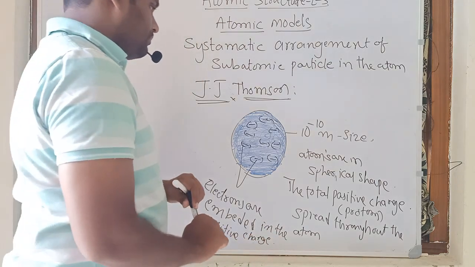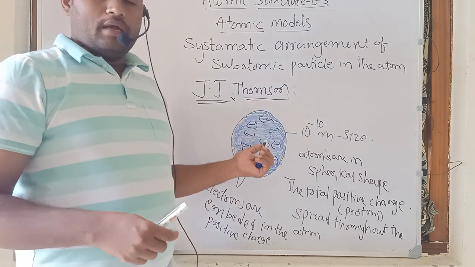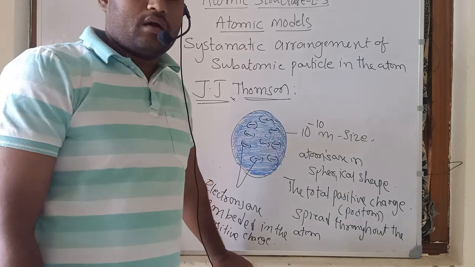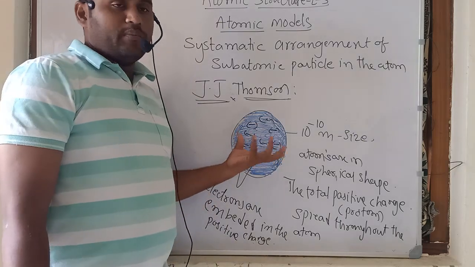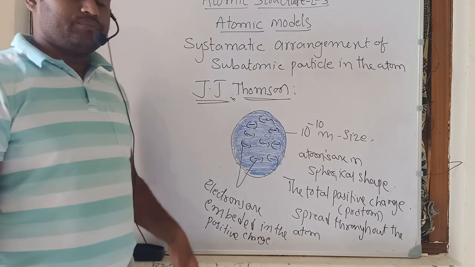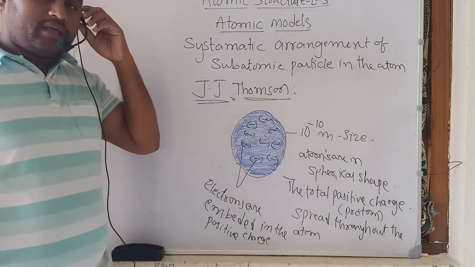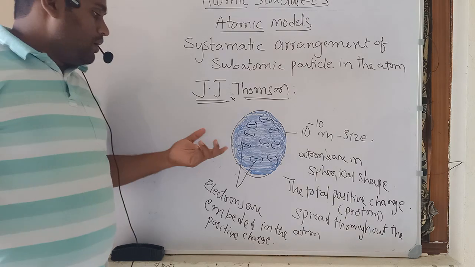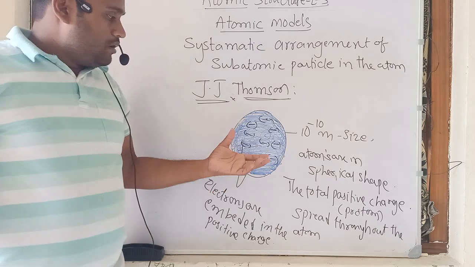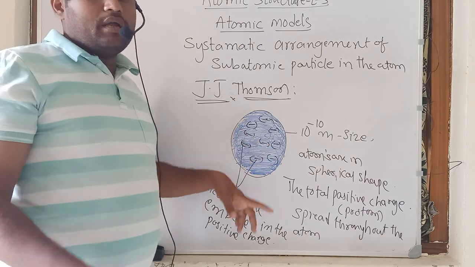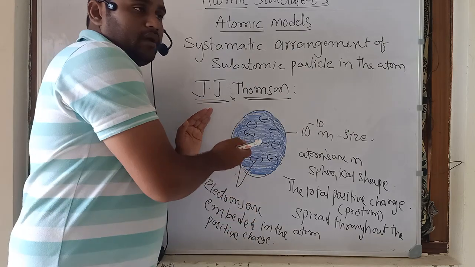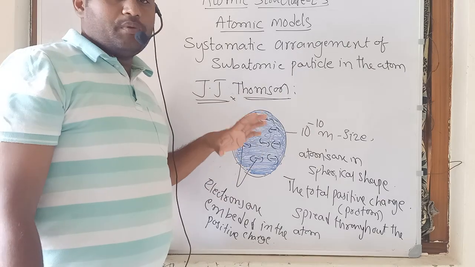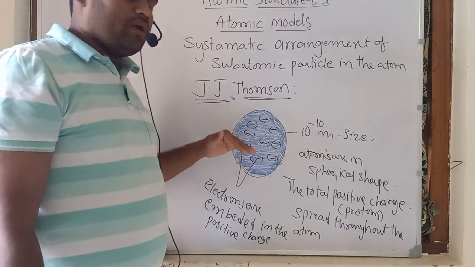So Thomson is able to explain the electrical neutrality of the atom, because an equal number of protons and electrons are present in the atom, but he failed to explain the stability of the atom. According to some electrical theories, whenever a positive charge and a negative charge are in direct contact, they cancel out with each other, and there should be no electron, no proton in the atom.